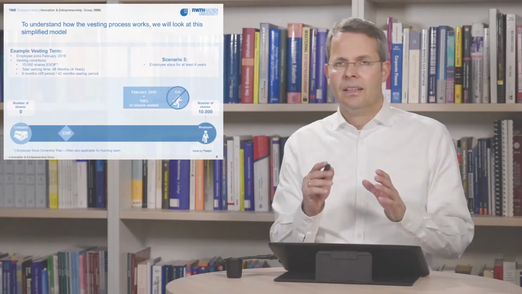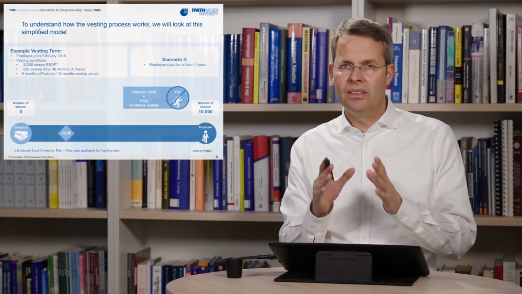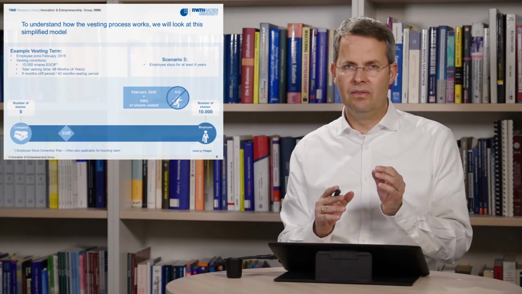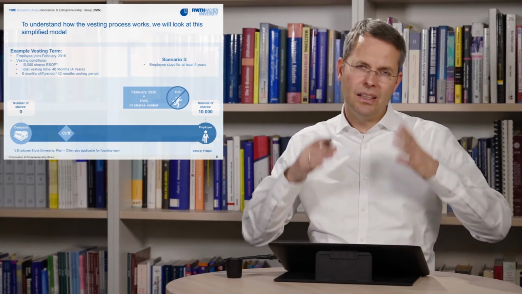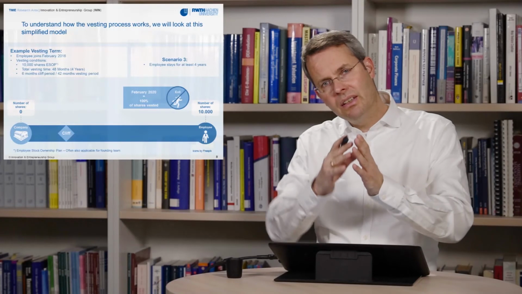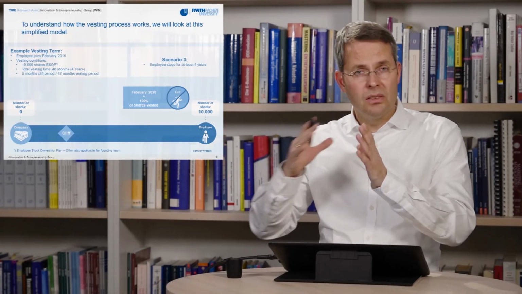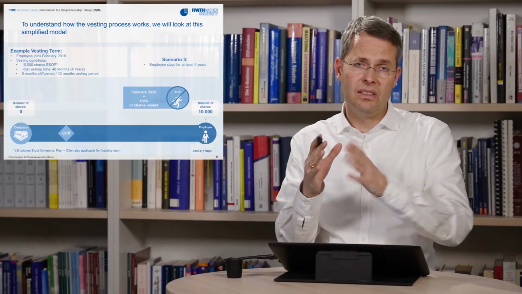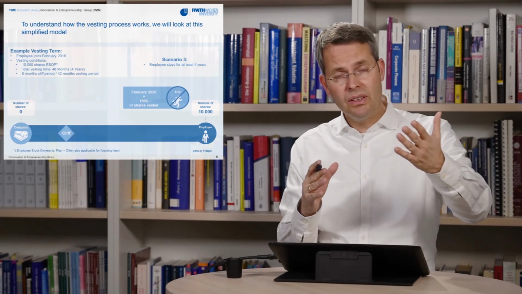Sometimes in VC contracts you find a so-called accelerated vesting, because you can say it's not fair if a VC comes in and takes away everything from the entrepreneurs. So entrepreneurs get an accelerated vesting compared to employees.